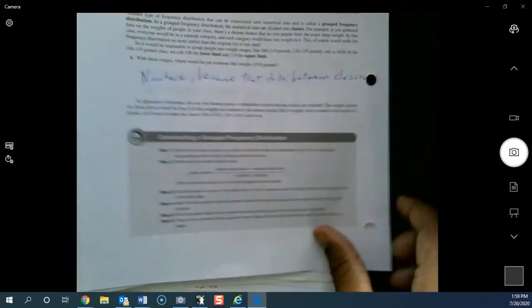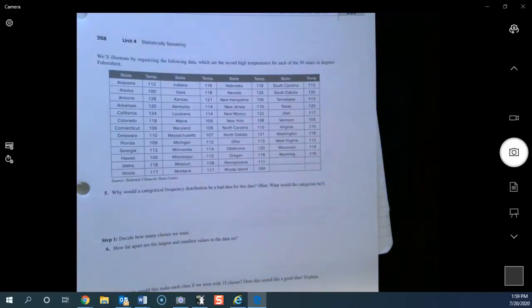Now, we're going to go through all of that. So, we go here. It says we'll illustrate by organizing the following data, which are the record high temperatures for each of the 50 states in degrees Fahrenheit. Okay, now, why would a categorical frequency distribution be a bad idea for this data?